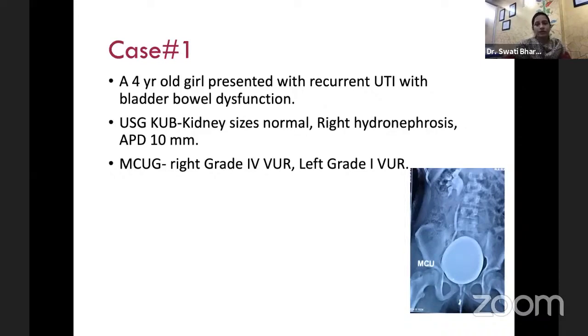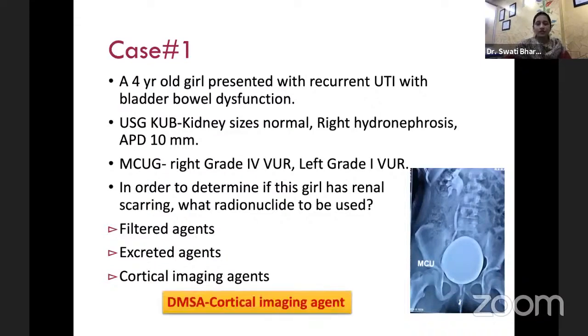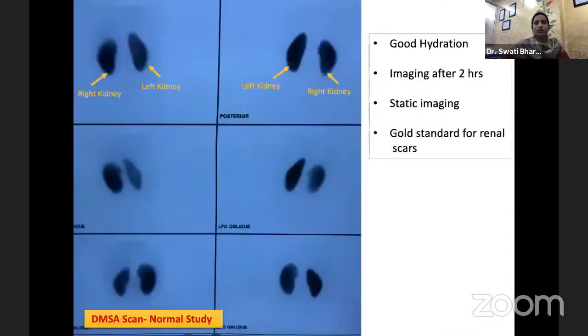Next, we are interested in knowing whether or not these UTIs or reflux have affected the kidneys and led to scarring. So which radionuclide is to be used? Since we are interested in knowing about cortical scarring, a cortical imaging agent, that is DMSA or GH, has to be used. So this patient underwent a DMSA scan.